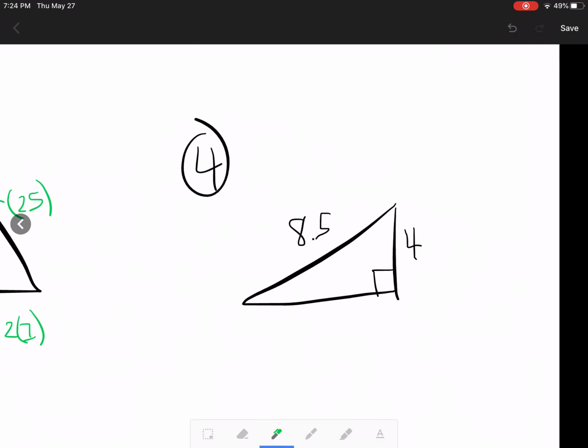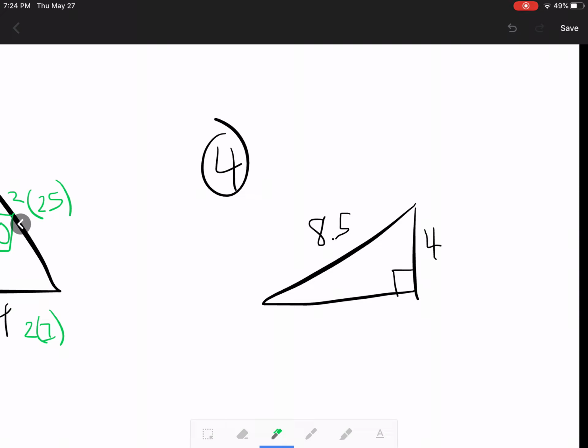Finally, I want to show you this could even go the other direction. Now, I'm not expecting you to look at this and be like, oh, I know which one this is right now. But after a while, if you do a lot of these problems, you'll be able to see it when it goes the other way. So what this is, in disguise, is an 8, 17, 15 right triangle.